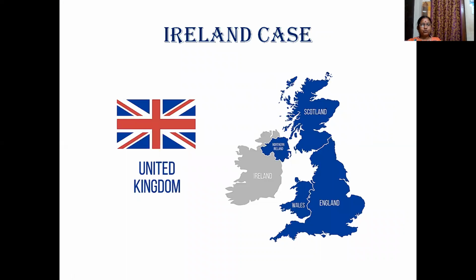Now let us go to the case of Ireland. This region is Ireland. This is Northern Ireland, and these Protestants wanted to unite with the United Kingdom, and the United Kingdom supported them.